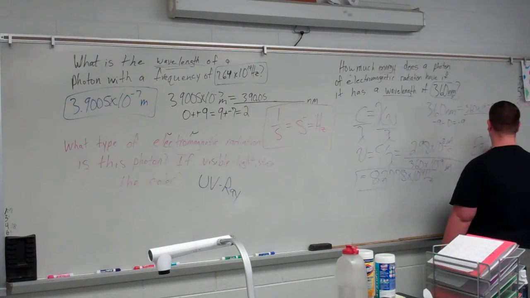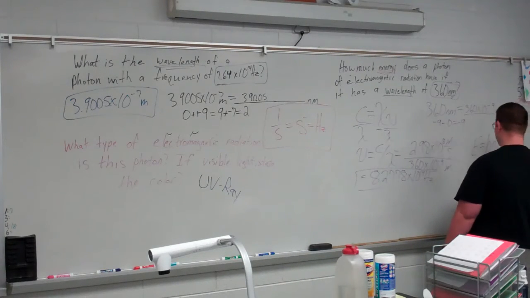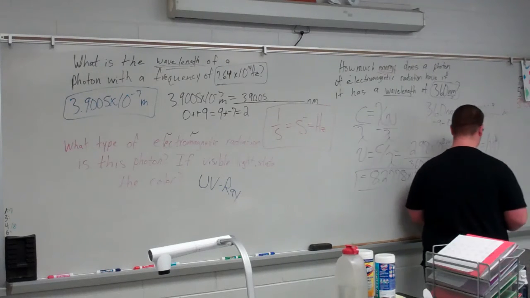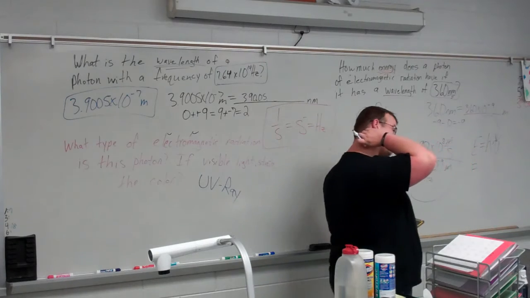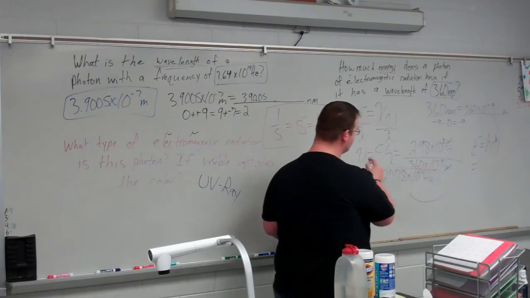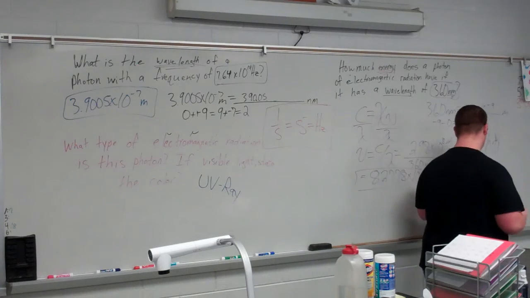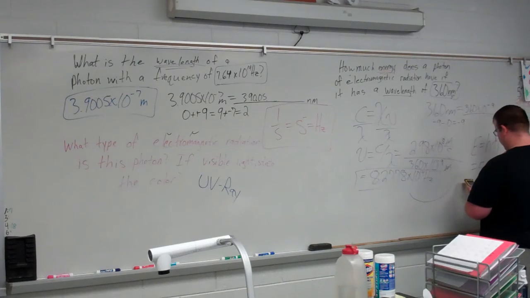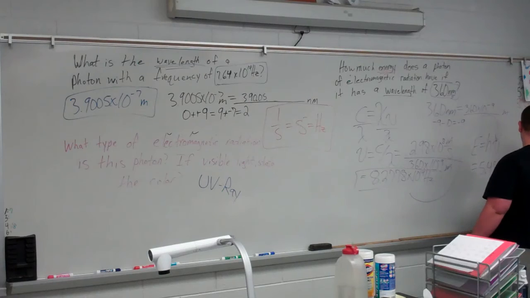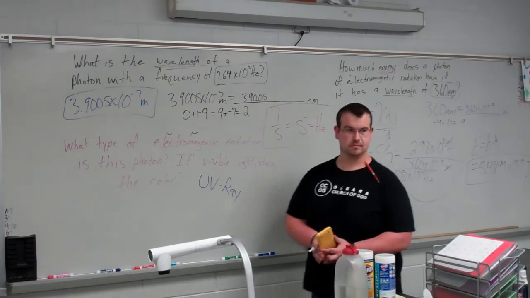Energy equals Planck's constant times frequency. That number plugs in for frequency. So it's 6.626 times 10 to the -34 times 8.2778 times 10 to the 14th. And you get an answer of 5.4849 times 10 to the -19 joules, is what you should get.